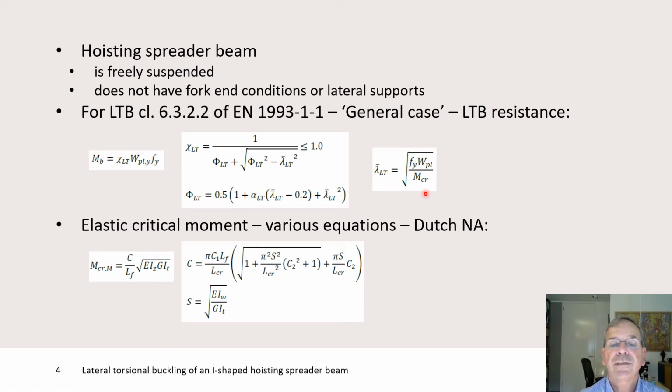And there are various equations around, and I use the ones given in the Dutch National Annex, which have this shape, as you can see here, where C1 is a coefficient for the shape of the bending moment diagram, and C2 is a coefficient for the height of the load application point.